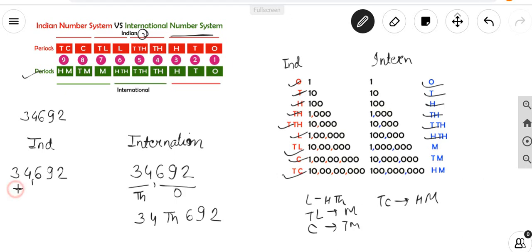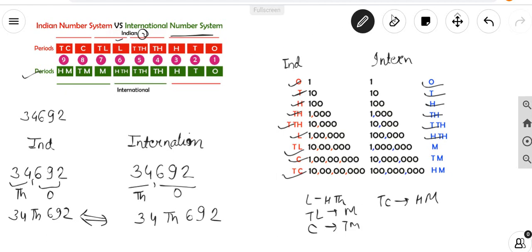So it is the thousand period and the ones period. We will read it as 34,692. Both are the same, because we are considering up to the thousand period. The difference starts from lakhs.